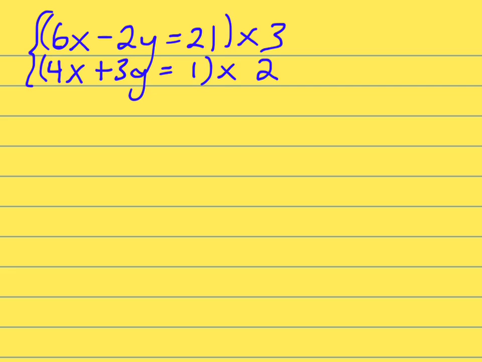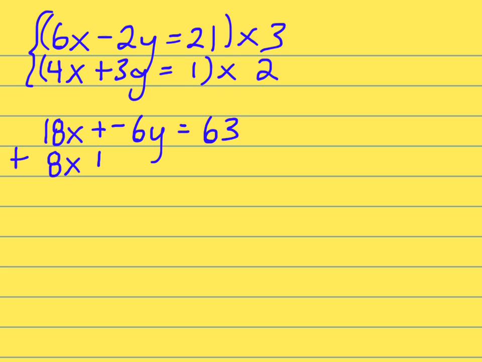So I get 6 times 3, it's 18x, negative 2 times 3, so plus negative 6y. I do plus negative, it just makes it easier for me to see. And then 3 times 21, that's 63. I'm going to add to it 8x plus 6y is equal to 2.